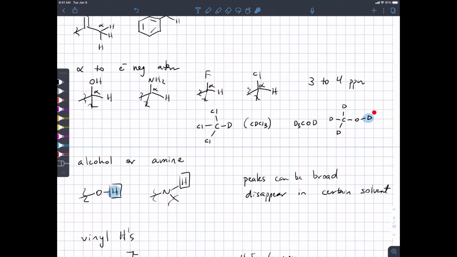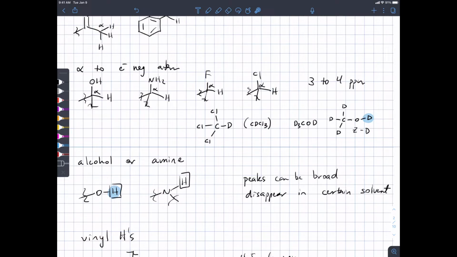If you're using what we would call a protic solvent, one where you have a bond between an electronegative element and deuterium, then likely you will not see an alcohol or amine proton at all, because it will exchange with the solvent.